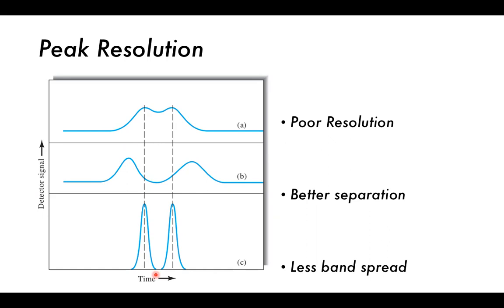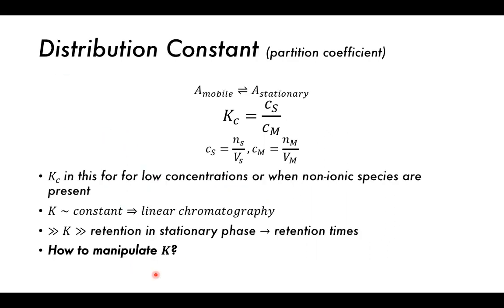So in all of this, we've been trying to find out how we can partition our analyte or our solute in our stationary phase, and how we can manipulate the interactions between the different components of our sample and the stationary phase.